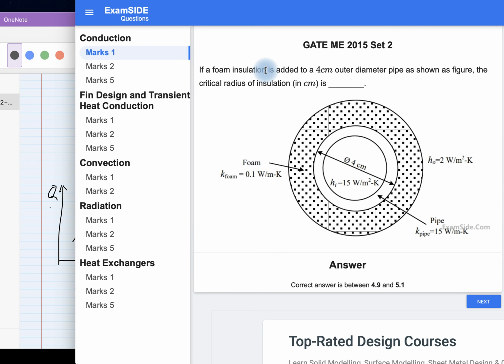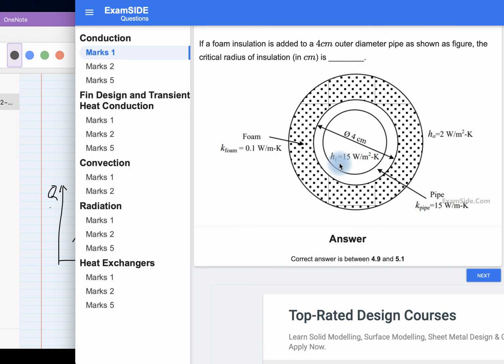If the foam insulation is added to a 4 centimeter diameter pipe, what is the critical radius of the insulation? Here we have to take the K of the insulation, the K of the foam, and outer, we have to take the heat transfer coefficient.